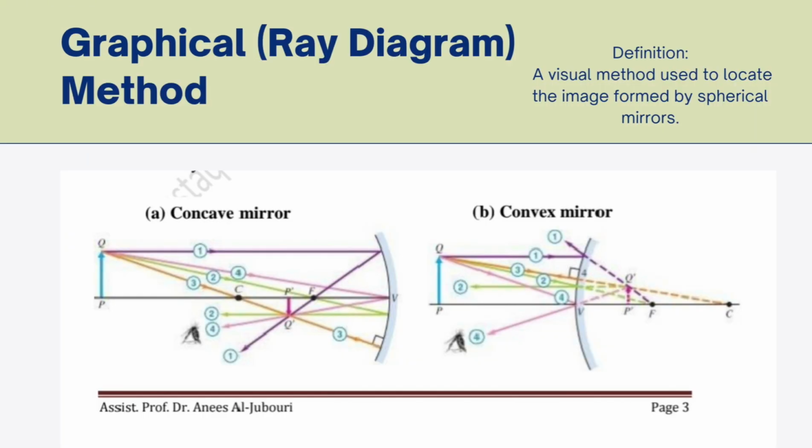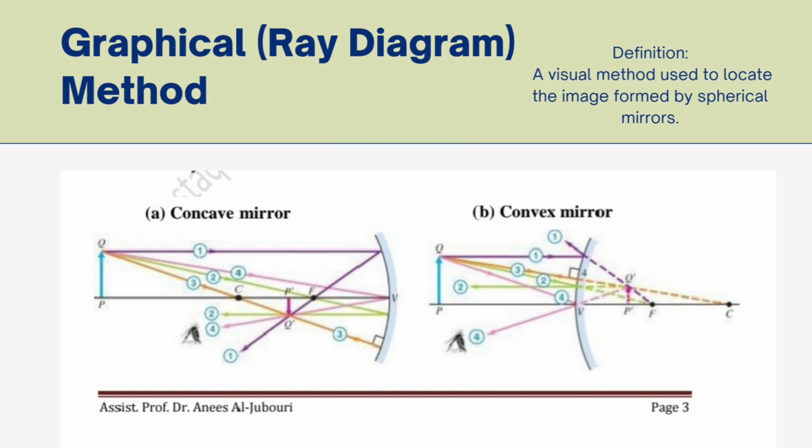Good day, everyone. So, this slide shows the graphical or the ray diagram method, which is a visual way to locate the image formed by spherical mirrors. So, as seen in the figure, part A shows the concave mirror and part B shows the convex mirror. For the concave mirror, the image formed can be real or virtual depending on the object's position.